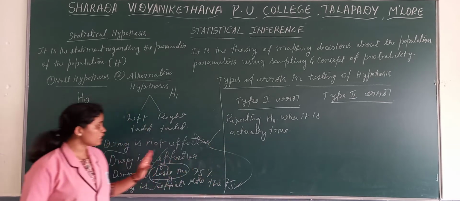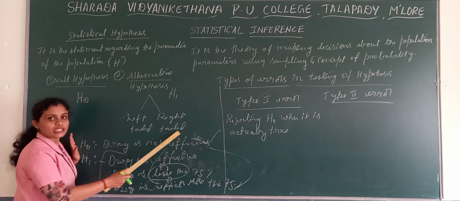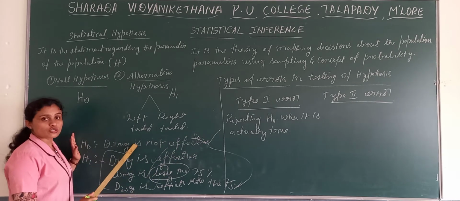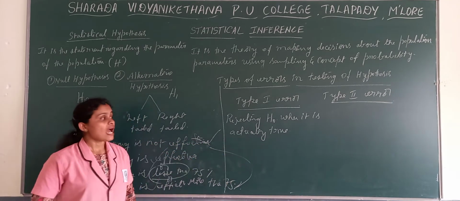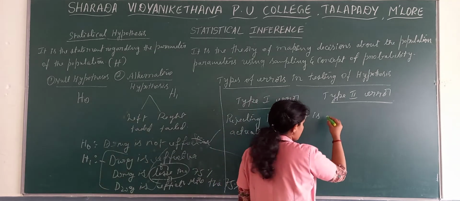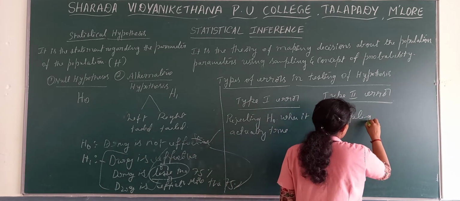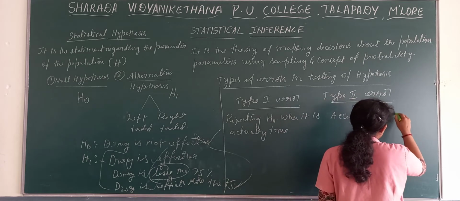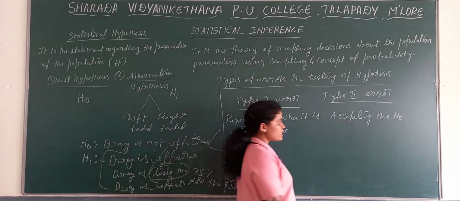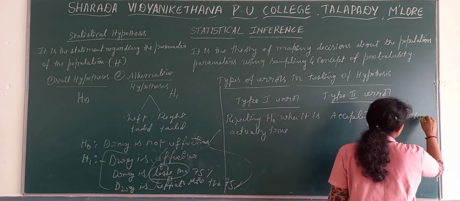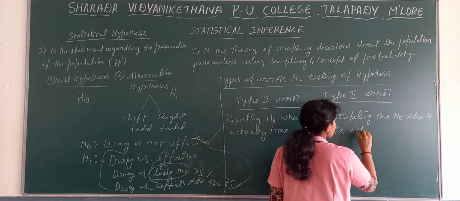We reject the null hypothesis, but actually it is true. So this is the type 1 error, and type 2 error is accepting the null hypothesis when it is actually not true.